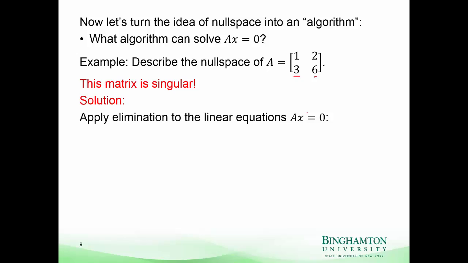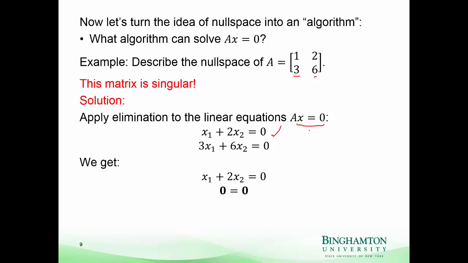But let's take a look at this case where the matrix is singular and apply elimination to these equations to solve for the x that give us 0. So there's rewriting the matrix form AX equal to 0 in terms of 2 equations and 2 unknowns, which would be the case for a 2x2 matrix A. And after we do elimination, I don't show the steps here, but by now you should be able to do elimination.